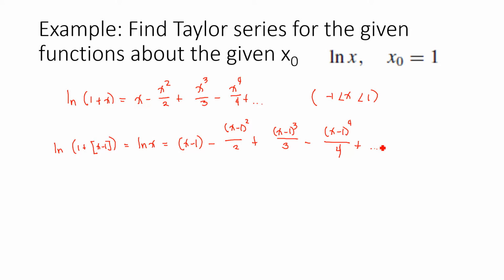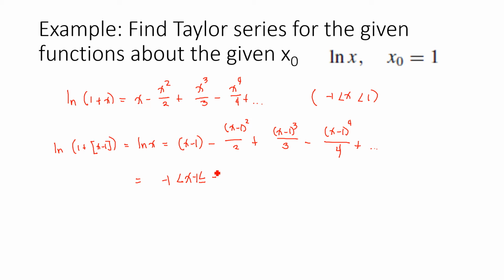Since the original series converges when x is greater than negative 1 but less than or equal to 1, the interval of convergence is, wrong, x minus 1 should be greater than negative 1 but less than or equal to 1.